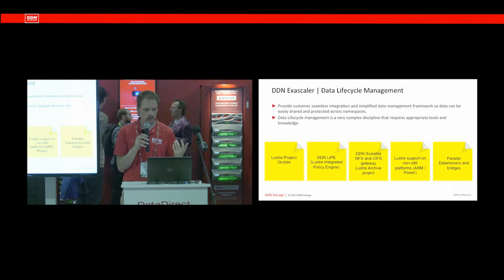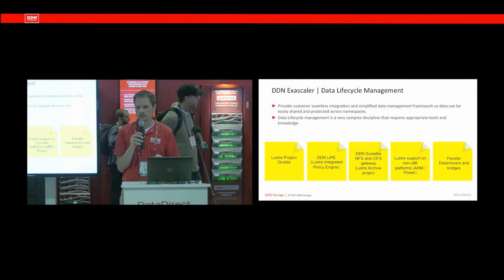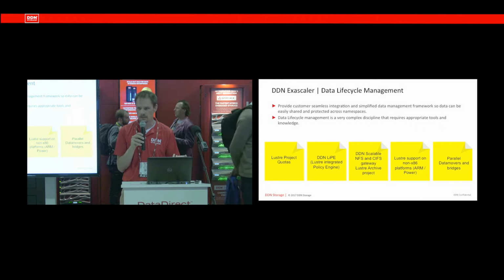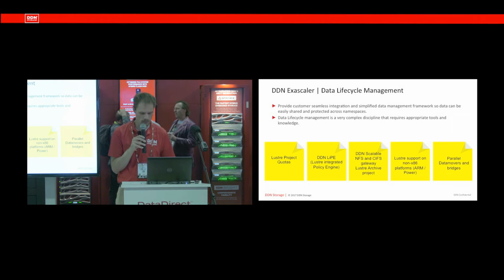We are working on developing and providing solutions that do an NFS and CIFS implementation, so that you can have your Lustre file system as well as your NFS and CIFS clients be able to access that same data set and that same namespace. And then we also are doing some interesting work with Lustre on non-x86 platforms, both ARM as well as Power. And then we have quite a bit of work that we're doing in parallel data movers and bridges as well.